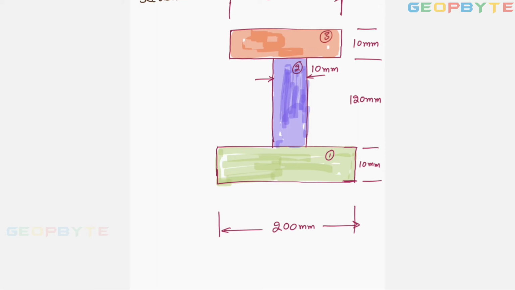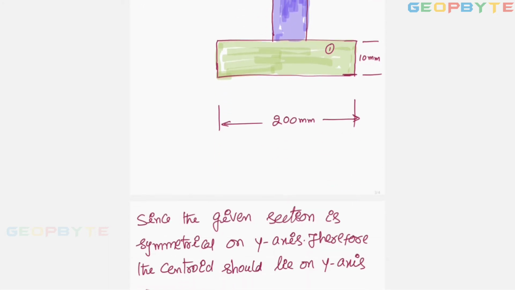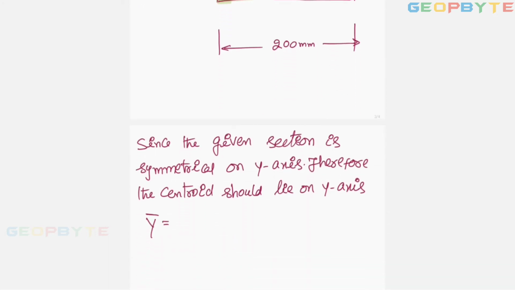Now, since it consists of three sections, y bar equal to a1 y1 plus a2 y2 plus a3 y3 divided by a1 plus a2 plus a3.